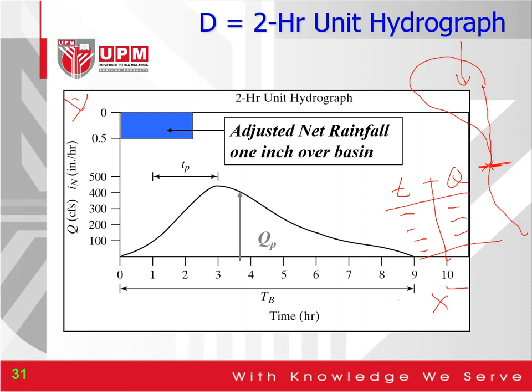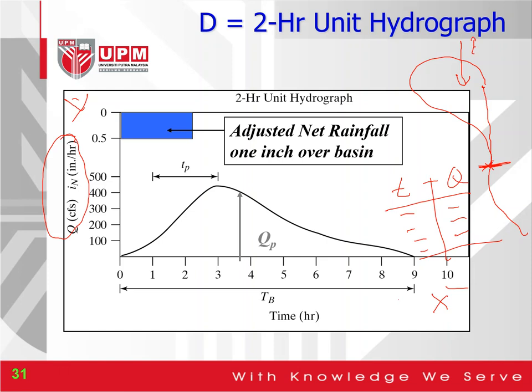It can be every hour, every 5 minutes, or every 10 minutes. It depends on how we observe the data. And the Q is the stream flow.